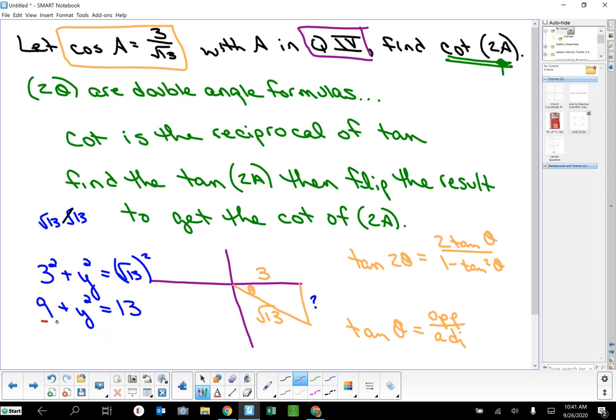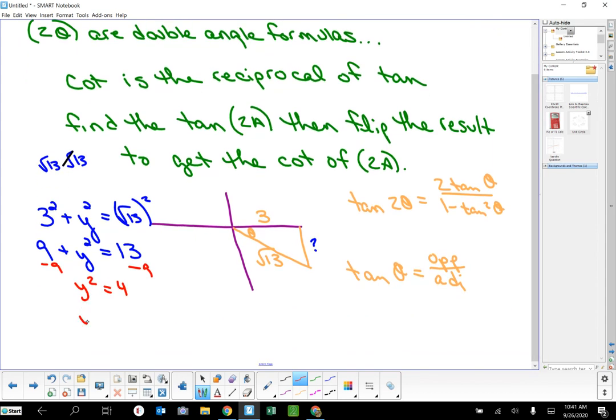Subtract off a 9. So y squared equals 4. So y is going to equal 2. And remember, you're taking the root. Those cancel. Take the root. So this side is going to be a 2 when we actually solve that. And also keep in mind, we know that this is in a negative direction. So this is a -2 when you fill that in, right?